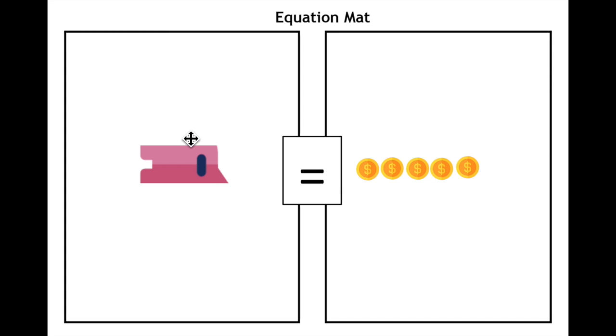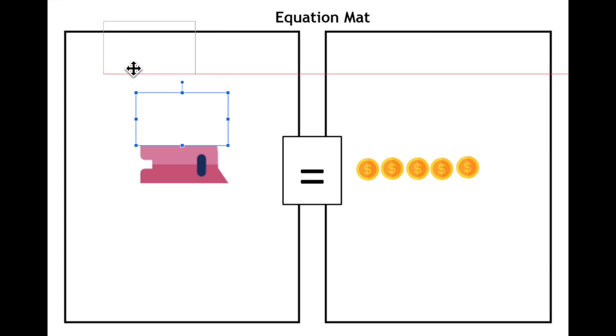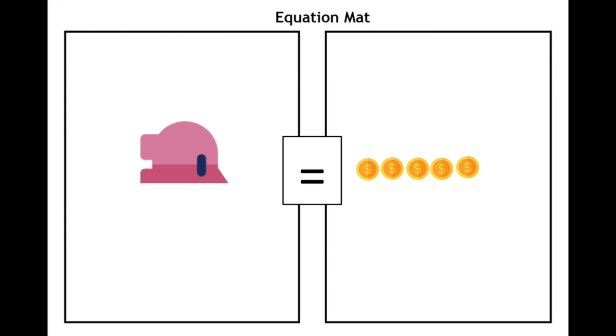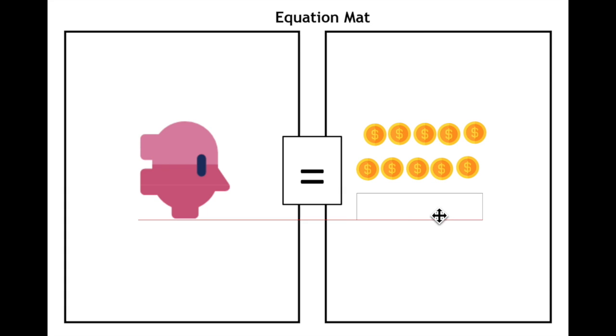Well, if we add back this section, that means there was in that section 5 coins. And then we put back this section, and that's another 5 coins. So we multiplied this section by 3, and we got 15.